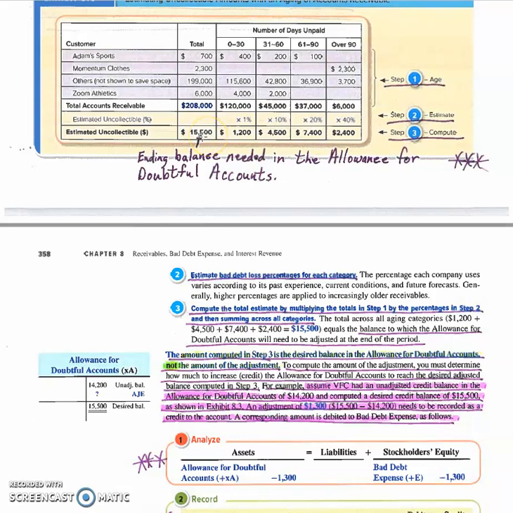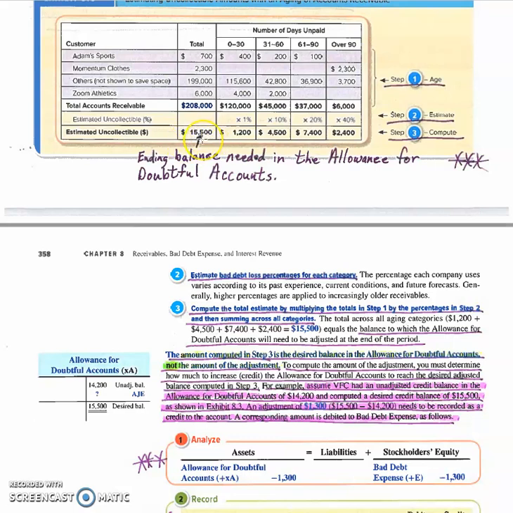In other words, how much of our accounts receivable balance do we think will ultimately prove uncollectible? By aging your accounts receivable and treating each aging category separately with its own estimated percentage, we get the best possible estimate of what will prove uncollectible.